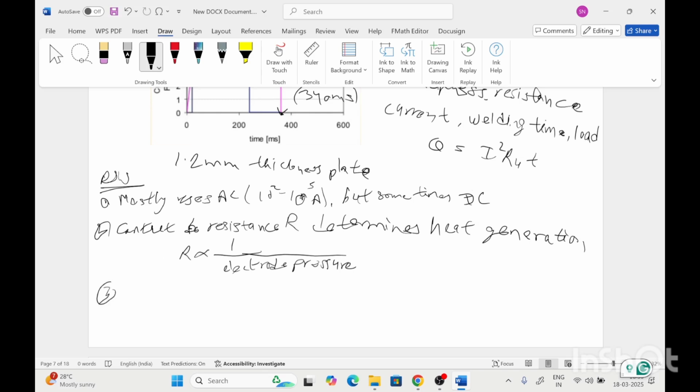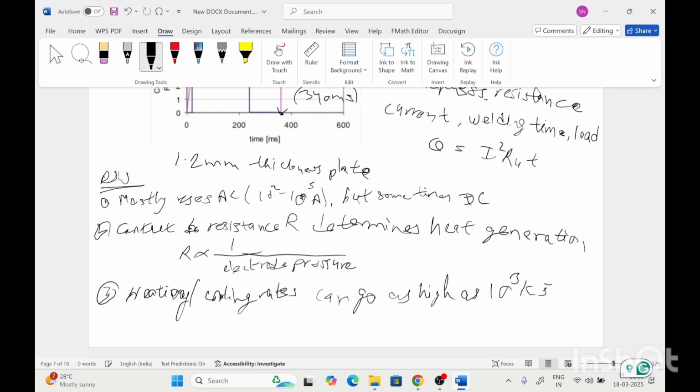The heating and cooling rates in resistance spot welding can go as high as 10 raised to power 3 Kelvin per second.